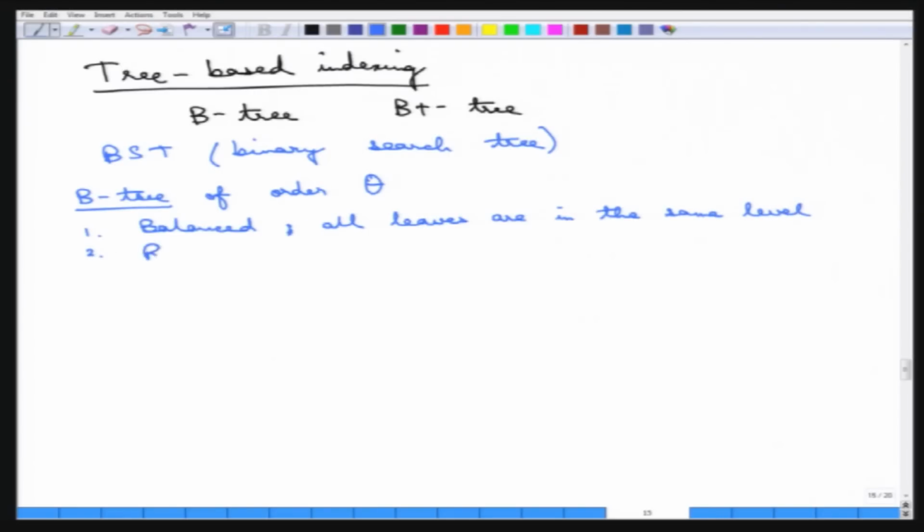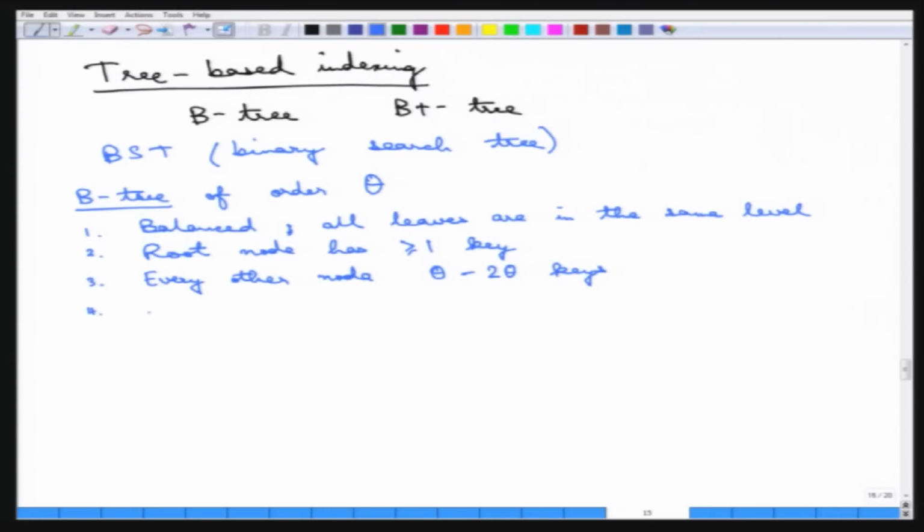Then there is a root node, which must contain, of course, at least one key. Every other node will have a number of keys which is between theta to 2 theta.